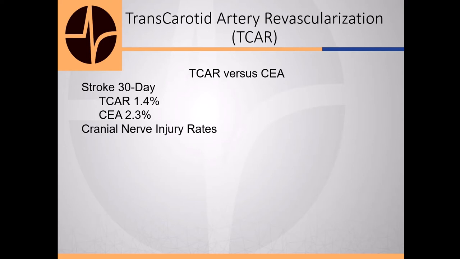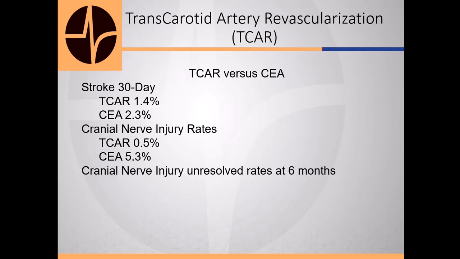Cranial nerve injury rates, TCAR is 0.5%, CEA 5.3%. Most likely I would think from the intubation, not from the surgery, because the incision is way far away from it. You're not going to get near cranial nerve 10 there.